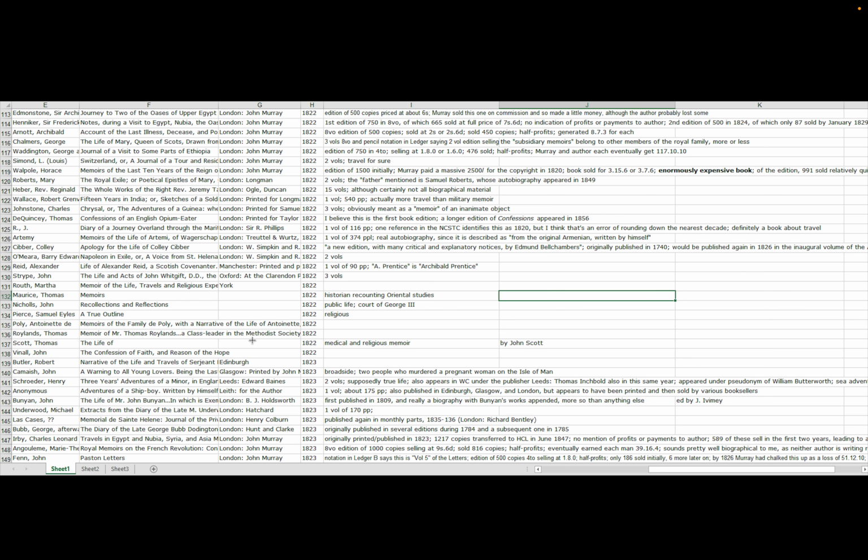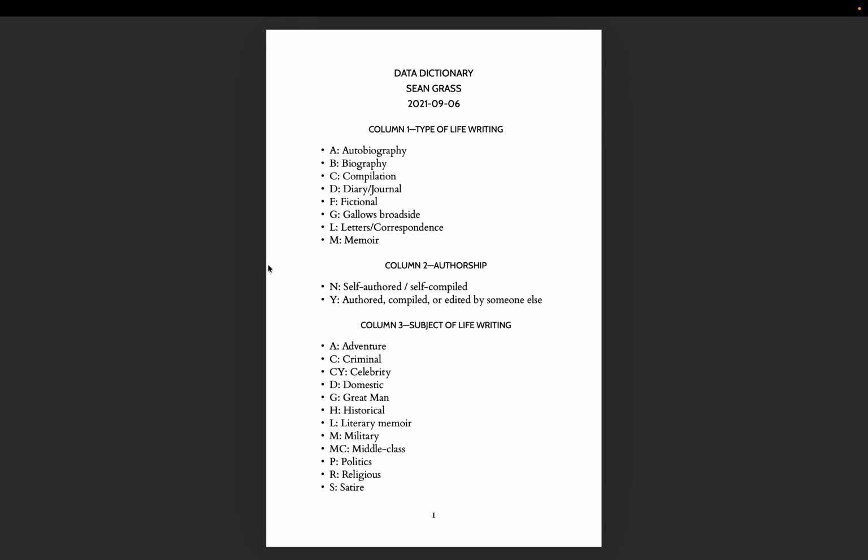So we started with this spreadsheet that you're seeing a part of, and then we asked Sean to make a data dictionary. This data dictionary existed in various rough forms on torn out notebook paper, and this is the final one, where the first column of the spreadsheet was the abbreviations he used.